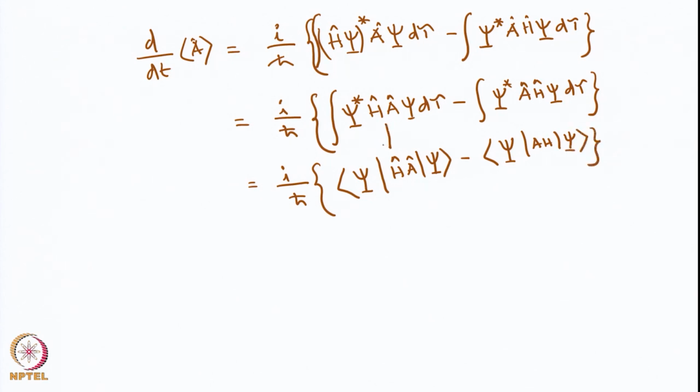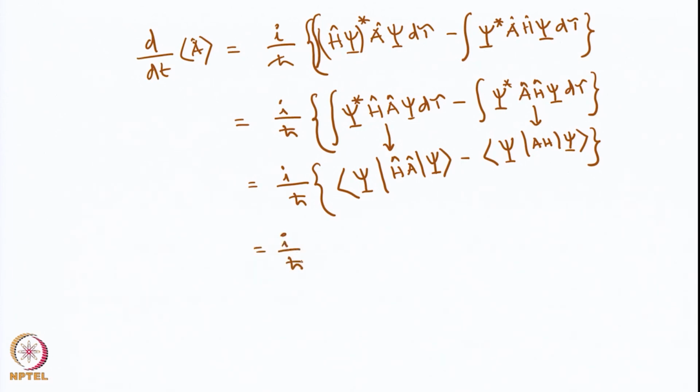This integral I have written like this and this integral like this in bracket notation. So there is an HA operator integrating over ψ* ψ, similarly the AH operator integrating over ψ* ψ.